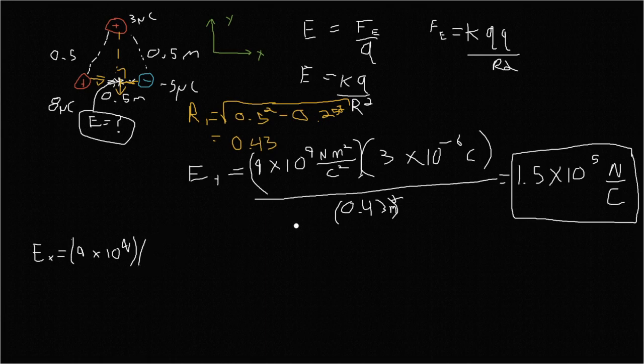So this first one, we're going to do times this 8 microcoulomb, so 8 times 10 to the negative 6 over 0.25 squared.